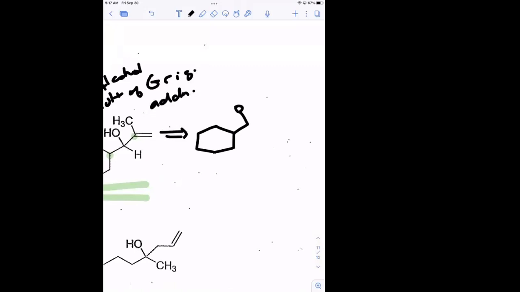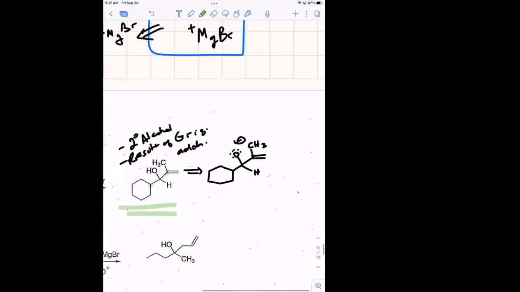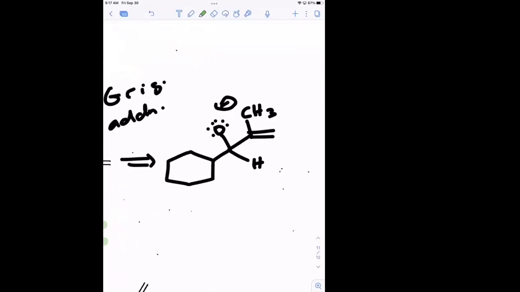You take off the hydrogen, so you get to the intermediate. Now what? Right over the arrow, it gave us the Grignard. So which one of these two pieces am I going to break off from the intermediate? I'm not touching the hydrogen, and I'm not touching this part. Maybe the double bond. Okay, good.